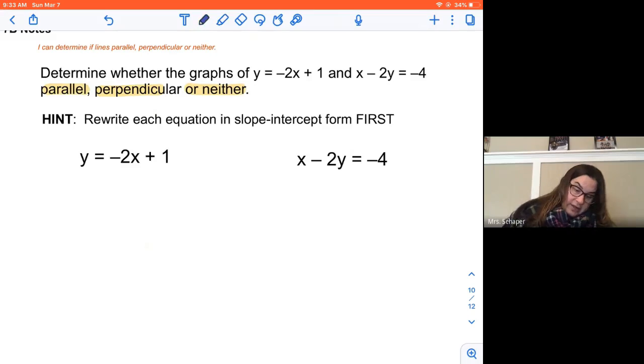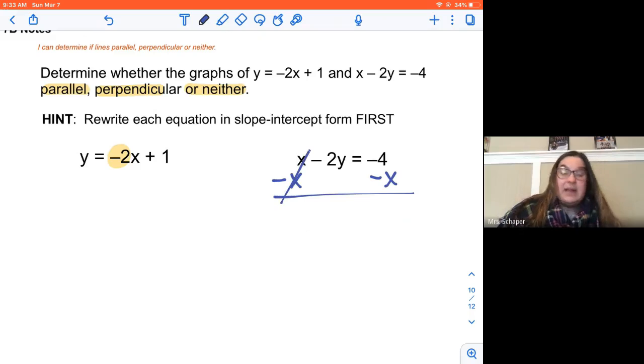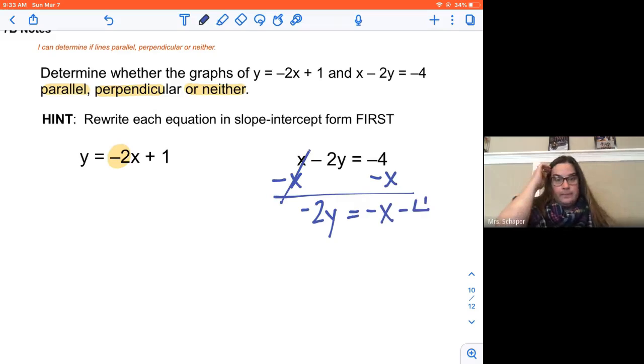So when I look at this, the first equation, the slope is -2. The second equation, I'm not quite there yet. I need to rewrite it in slope-intercept form. So I'm going to start by subtracting x from both sides because my goal is to get y by itself. So -2y equals -x minus 4.